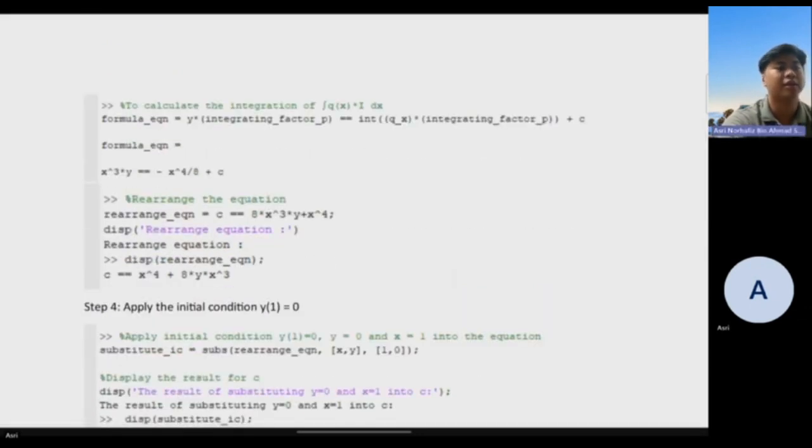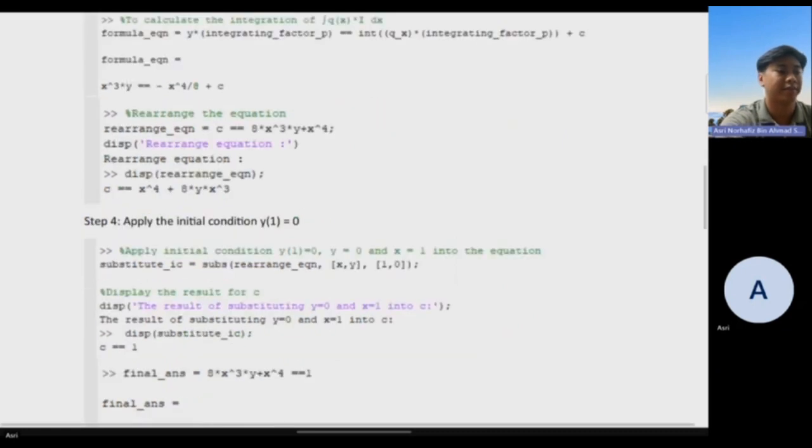To calculate the integration of Q(x)I dx, the formula is yI equals the integral of Q(x)I plus c. So x³y equals negative x⁴ over 8 plus c.